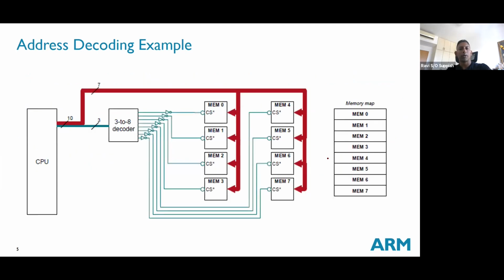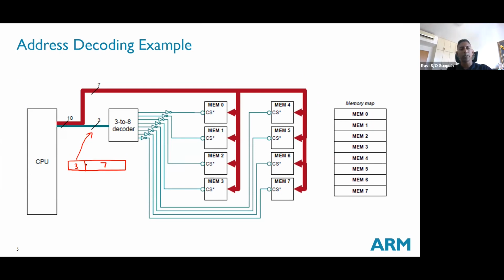So how I can do it is, when I look at the full 10-bit address bus that comes out, I split it up into 3 and 7. The 3 bits are the ones that go to the decoder.